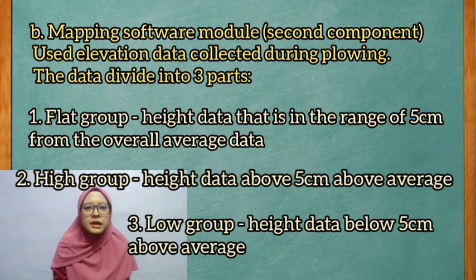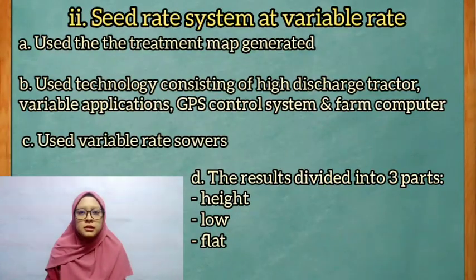Then height data above 5 cm from the average is categorized as high, and height data less than 5 cm from the overall average data is categorized as low.